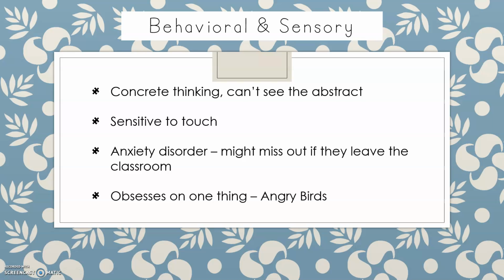One of my students has anxiety disorder where she has to mainstream for some of her classes, but she's worried that she's going to miss out on something from my classroom while she is mainstreaming. So what we've decided to do is hand her a boring worksheet and say, this is what we're going to be doing in the classroom while you're gone.